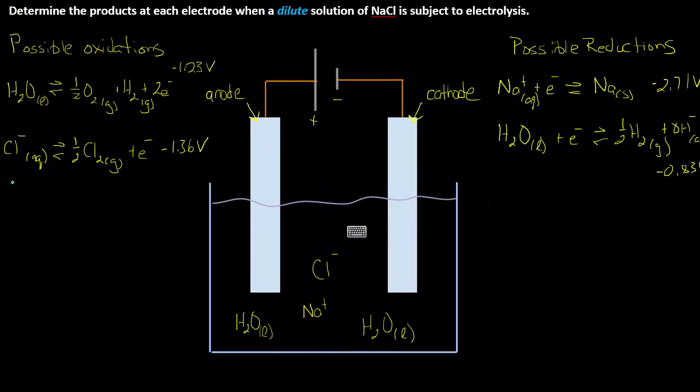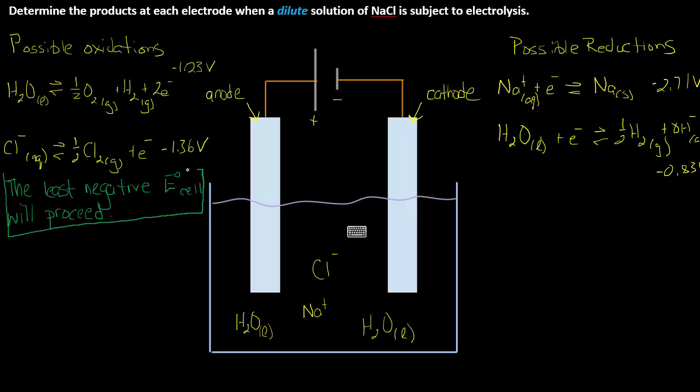So what we need to do now is determine which of the 4 possible cells we could form has the least negative cell potential. You could say most positive, but they're all going to be negative because we're forming electrolytic cells. These reactions don't occur spontaneously. So the least negative E0 cell will proceed.